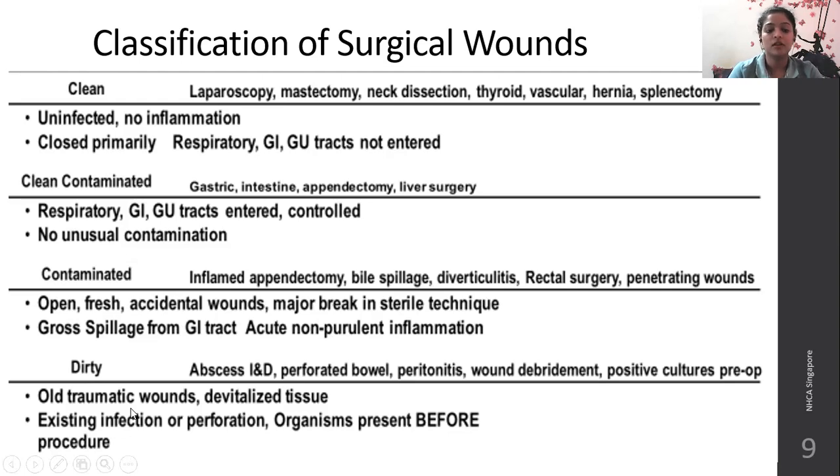Dirty wounds mean old traumatic wounds. The wound was much older, but because of the presence of a variety of pathogens, it has now become old and purulent. Okay, there is a perforation, and organisms were present even before the surgery was done. So that's an example of a dirty wound.